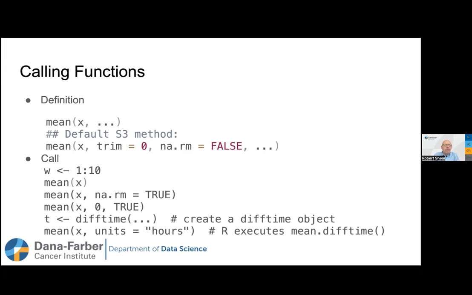Those dots were used long before dots were more or less universally the selector of attributes or the selector of subtypes. So it's just by convention that you'll see something like mean dot diff time.